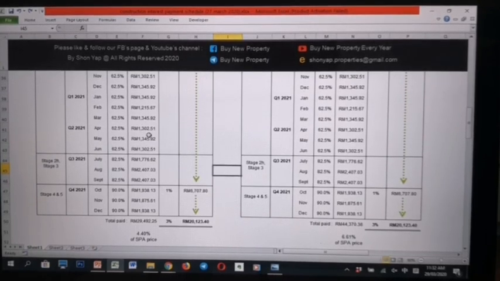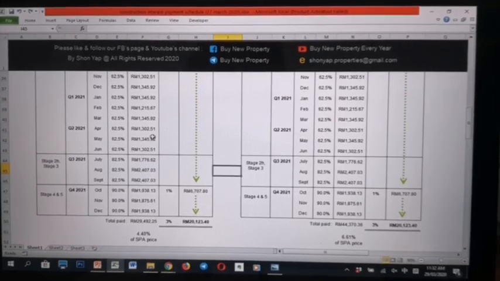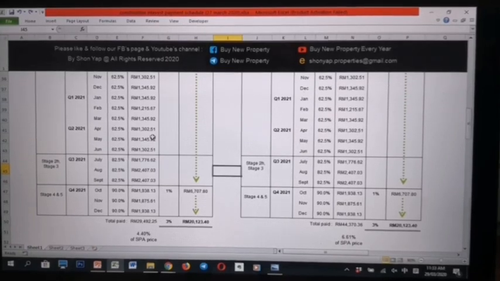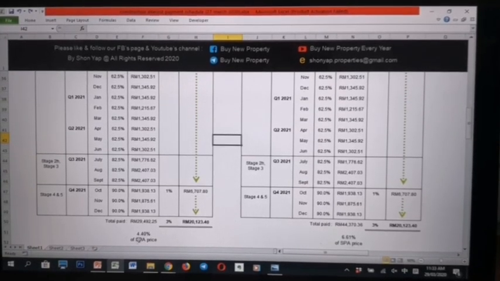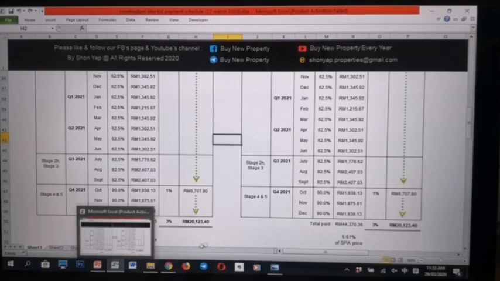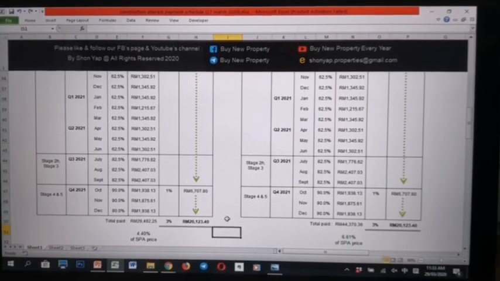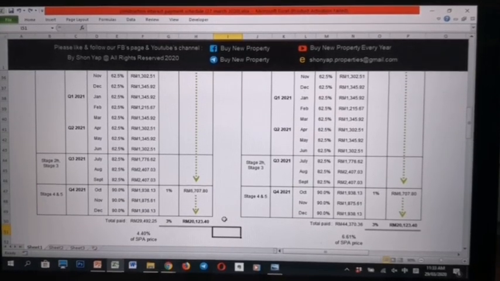So any more questions, I will try to answer here. We are selling one project in PJ Oakland Road now.